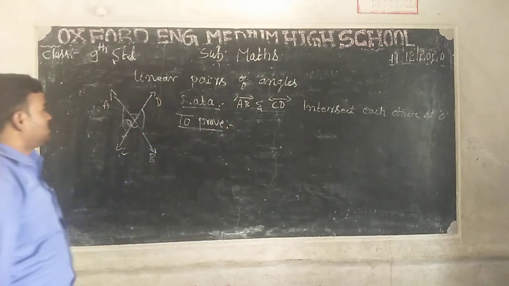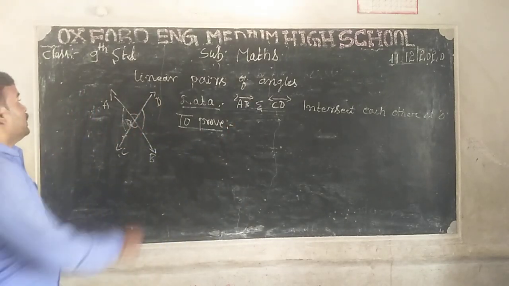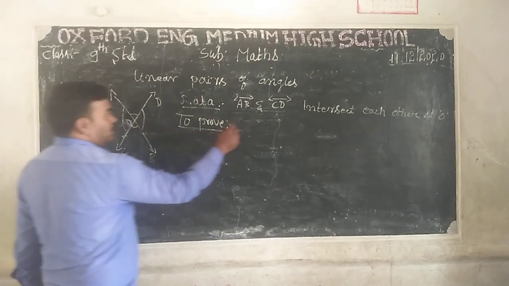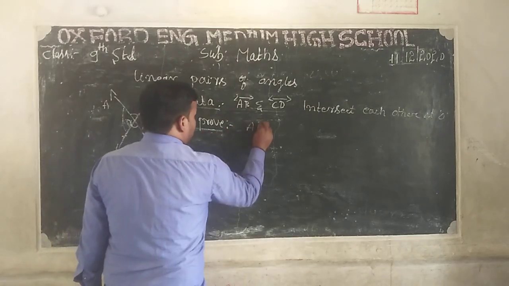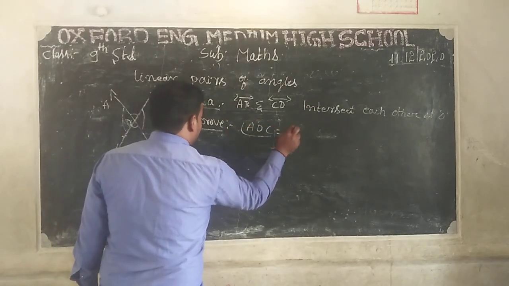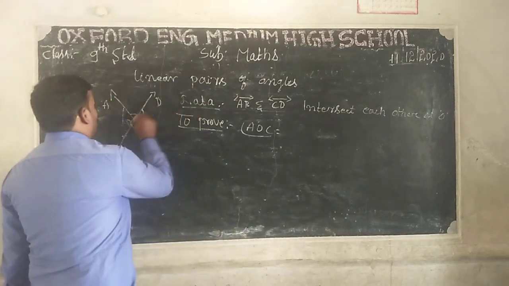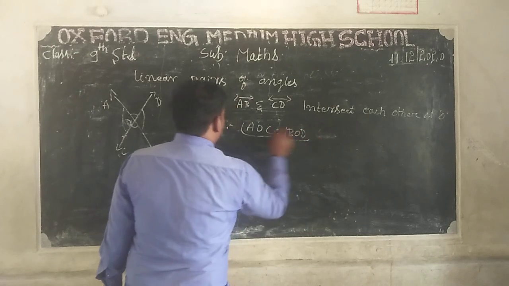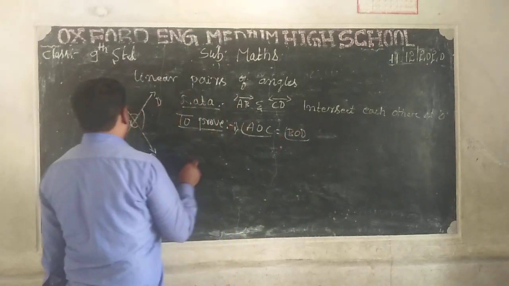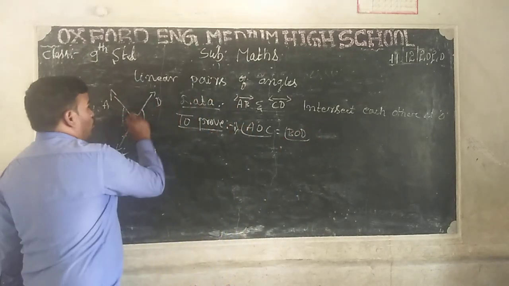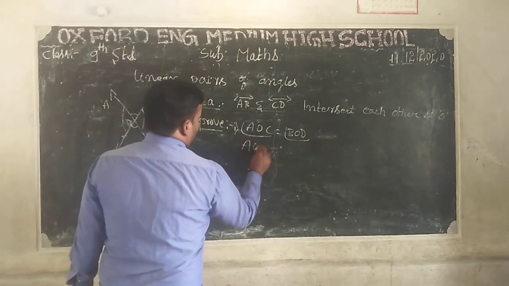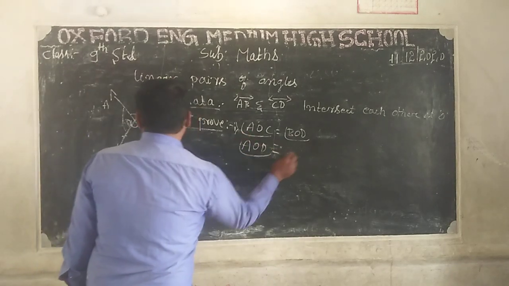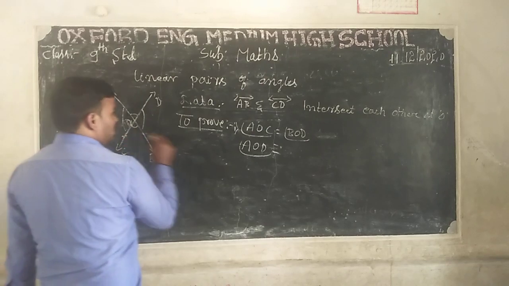Which are the vertically opposite angles? We have to prove that angle AOC is equal to angle BOD. And the second pair: angle AOD is equal to angle BOC.